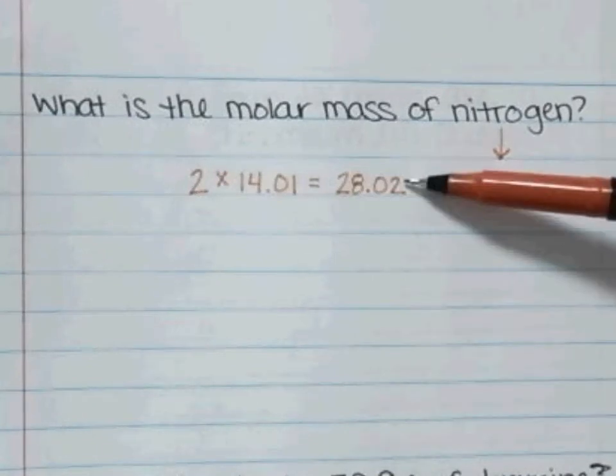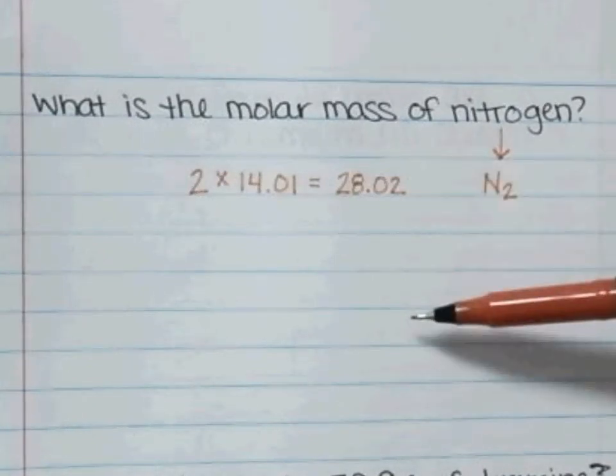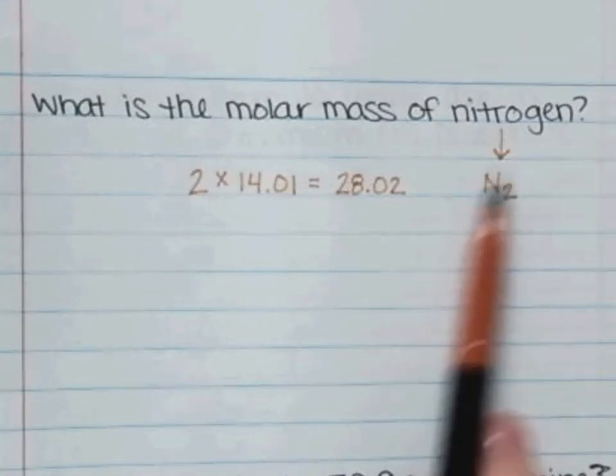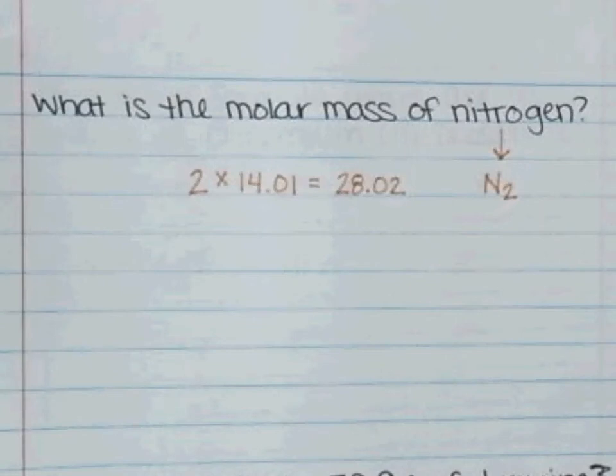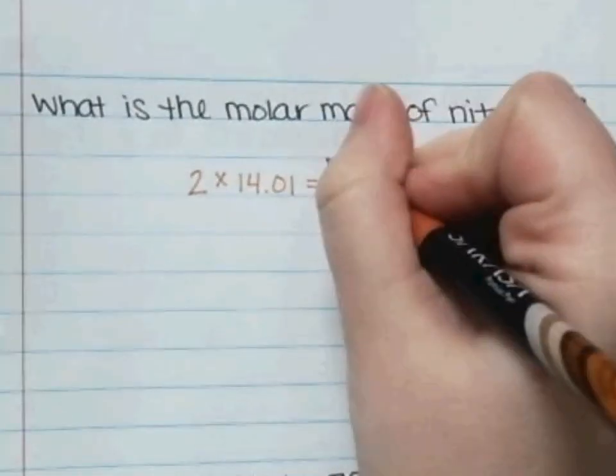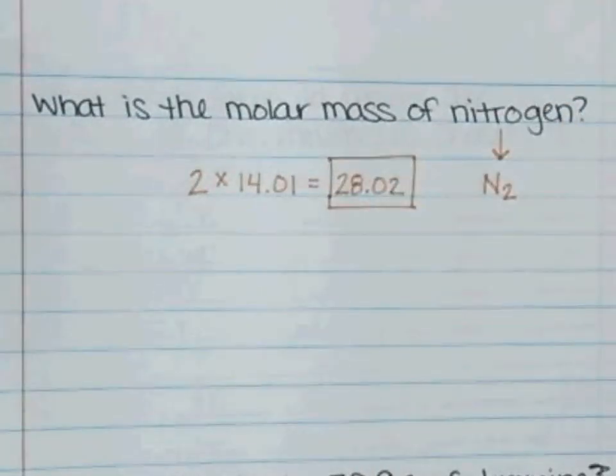If I were doing a compound that had more than one element in it, let's say there was also oxygen or hydrogen, something like that, I would do this for every element, and then you're just going to add up the totals that you get for each element. Since I have just one element in this specific problem, that is actually going to be my answer.